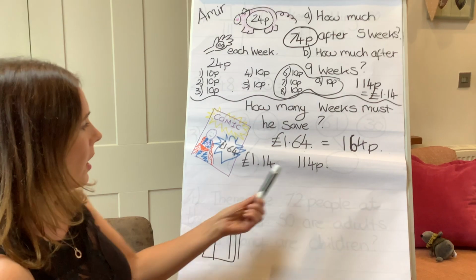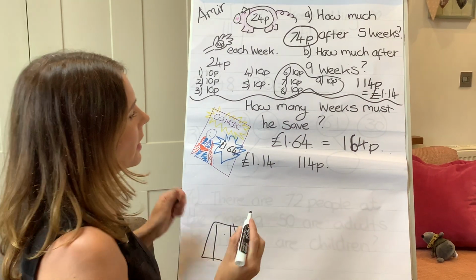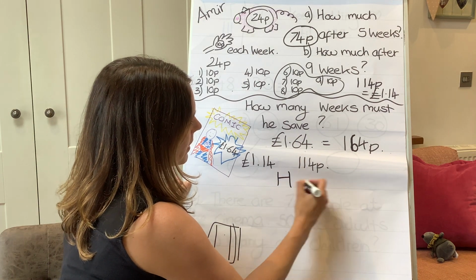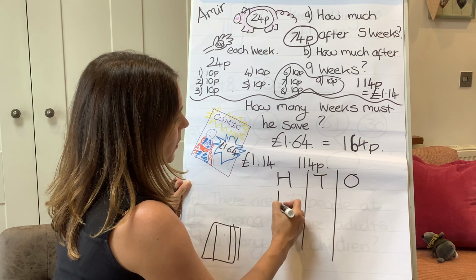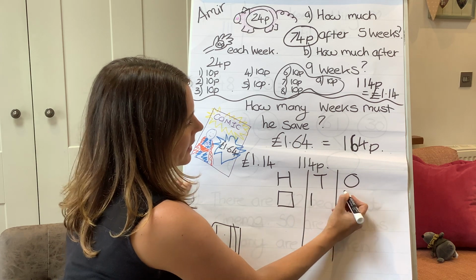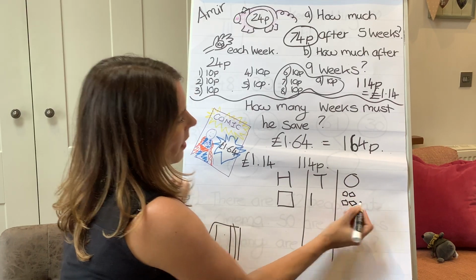Okay, so is it 114 pence or £1.14? If we add on another 10, so if we see this here as our hundreds, tens and ones, he's got 100 and a 1. I'm going to draw a stick for the 10, and we've got the 4 ones.